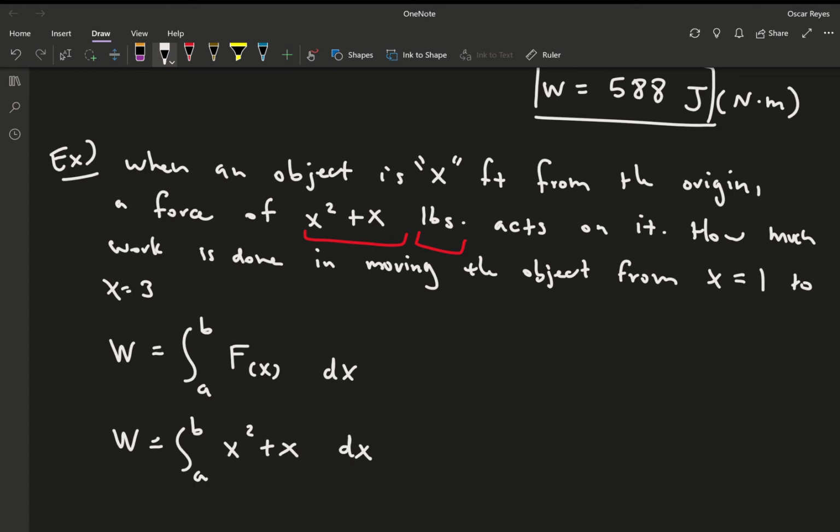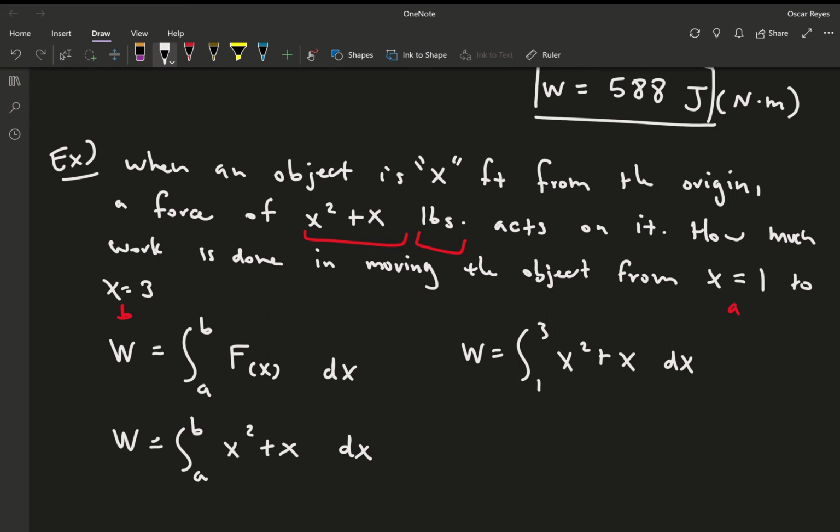We already have everything with respect to x, and we're moving it from x equals 1 to x equals 3. So x equals 1 is our A, and x equals 3 is our B. So our work is the integral from 1 to 3 of x squared plus x dx.